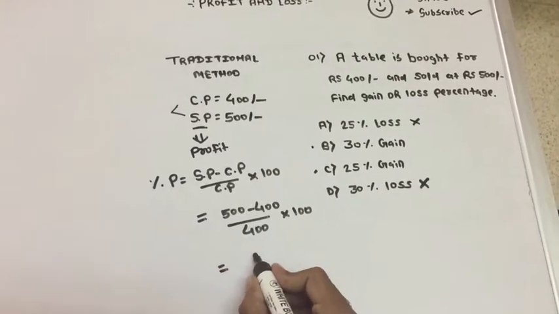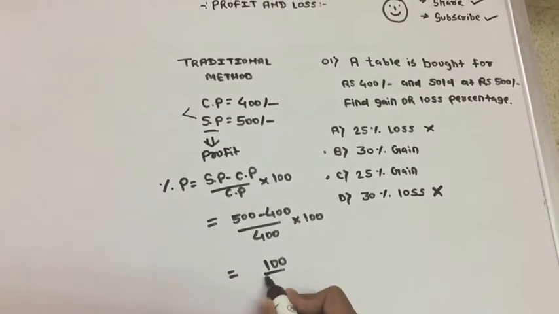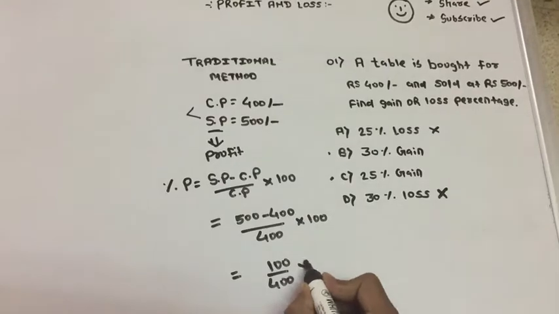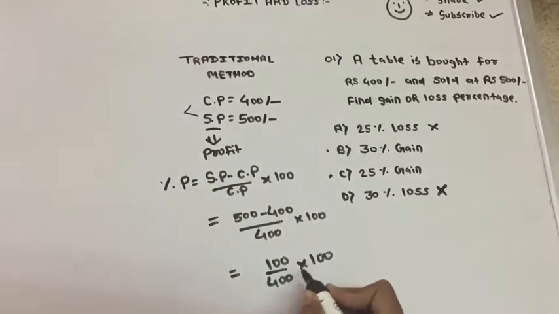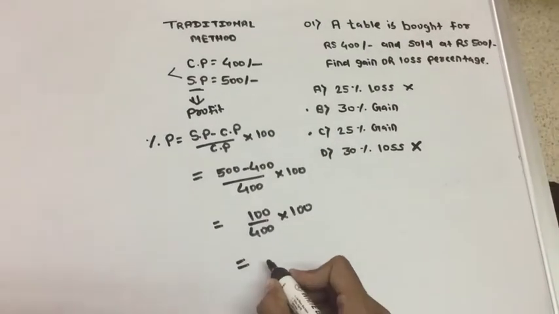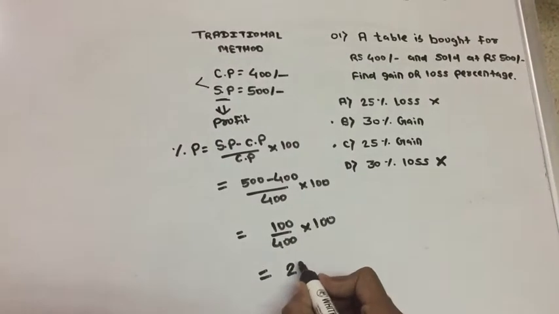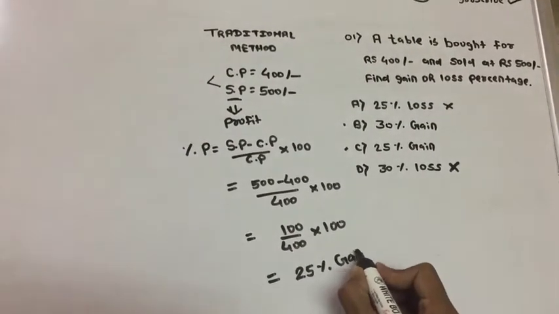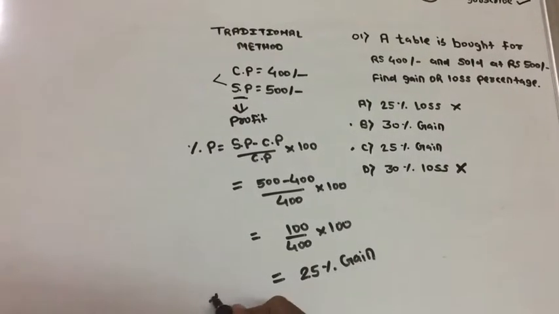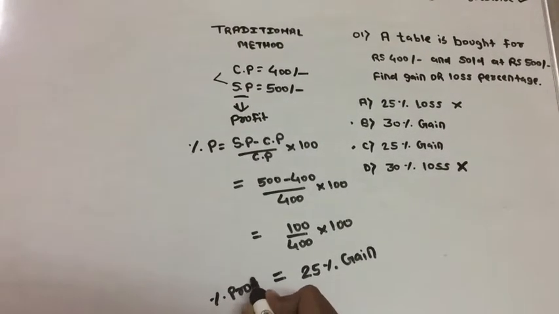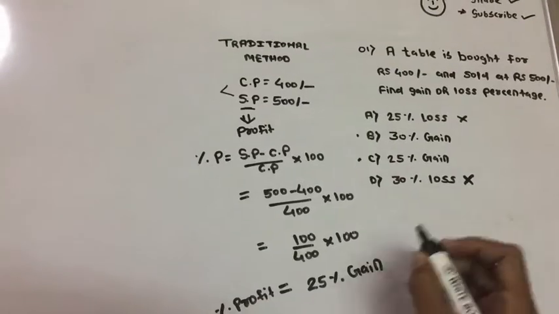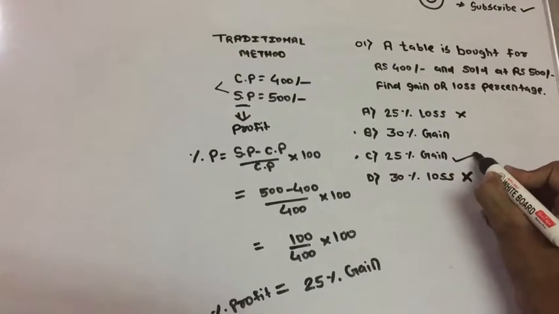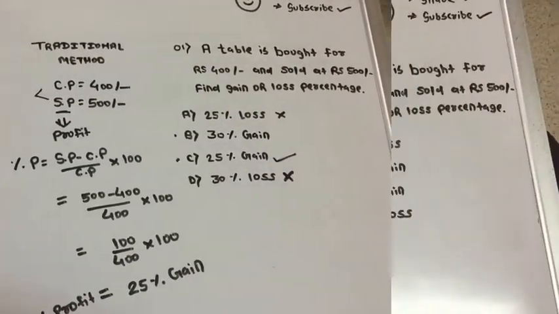It comes out to be 100 by 400 into 100. If you solve this, you will get 25% gain. So the percentage profit comes out to be 25%. So this will be your option.